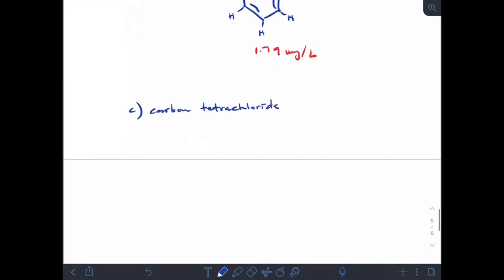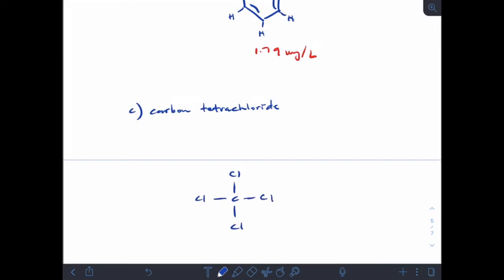Carbon tetrachloride, meaning there's 4 chlorines attached to a carbon. So nomenclature is important to me, and I will be occasionally making you use your nomenclature knowledge throughout this term.